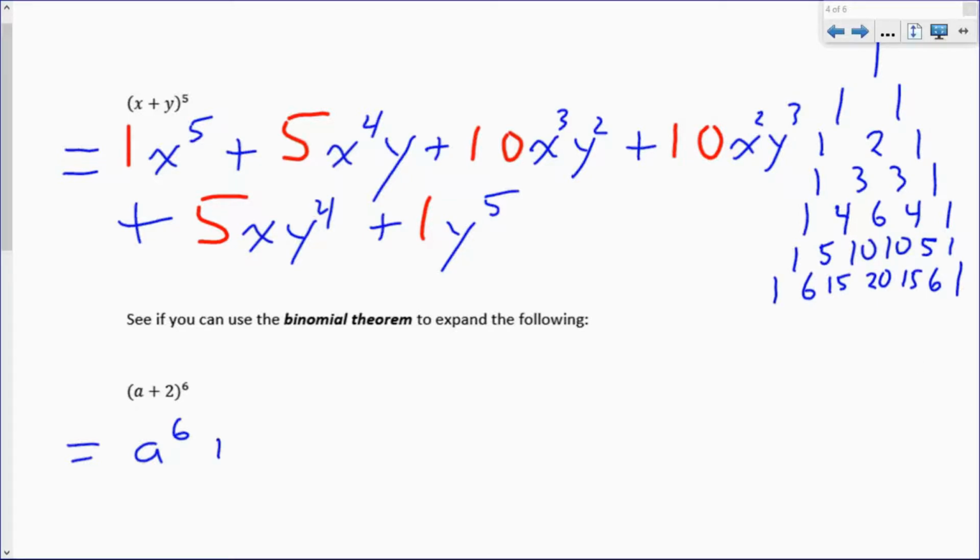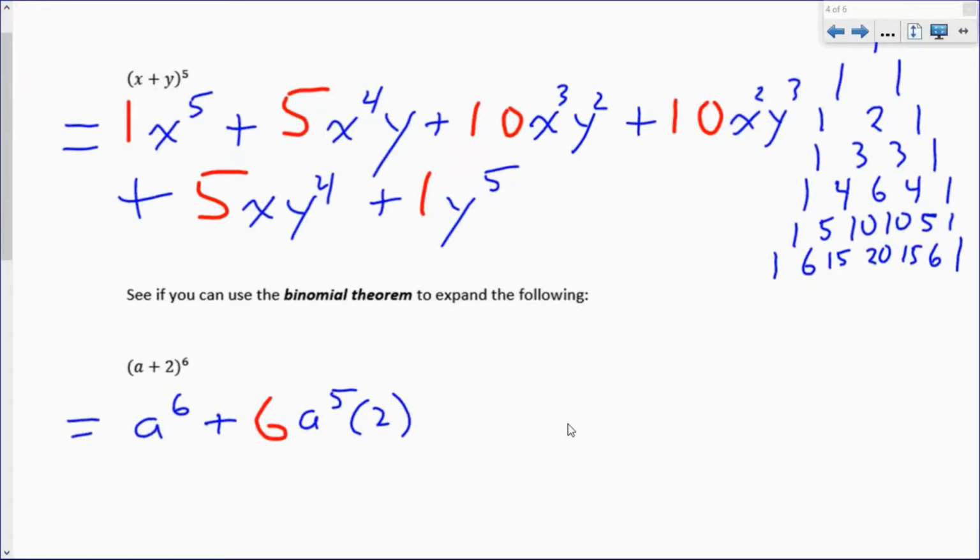So I can use the 6 from Pascal's triangle, a to the power of 5, and now I have a 2, so I'm just going to write times 2 instead of having a y. Plus 15 is the next number in Pascal's triangle. A to the power of 4, 2 squared instead of y squared. The next number is a 20. A to the power of 3, and now 2 to the power of 3.